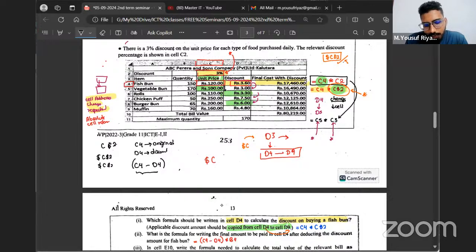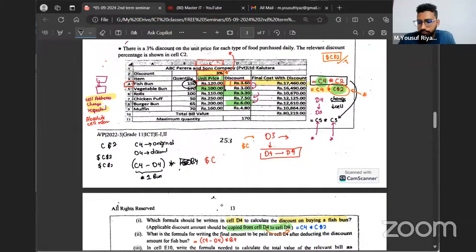And with this, I will get the value of one specific fish bun. If you want to find the value of all 150 buns, I have to multiply this by 150. So that is what I have done here. C4 minus D4 into B4. So 150 is there in the B4 cell.